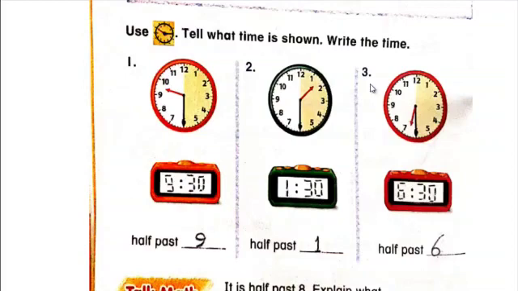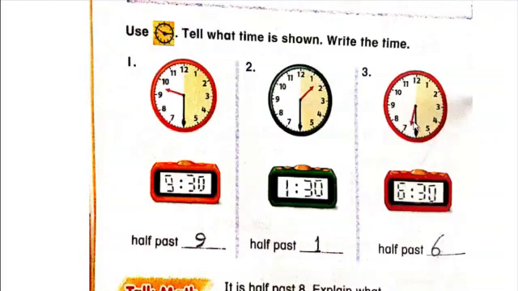Here, example number 3. On an analog clock, look at the hour hand. The hour hand is in between 6 and 7. It passed 6 but didn't reach 7. So here, on a digital clock, on the left side, you will write the hour.